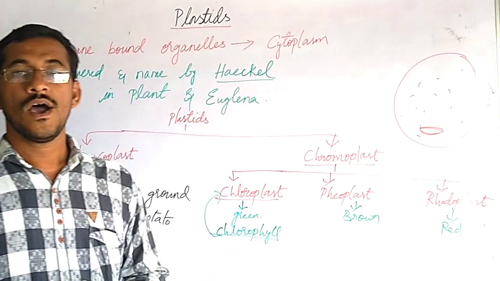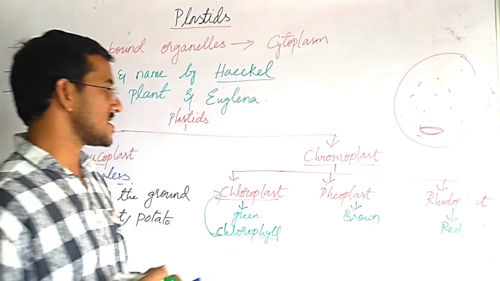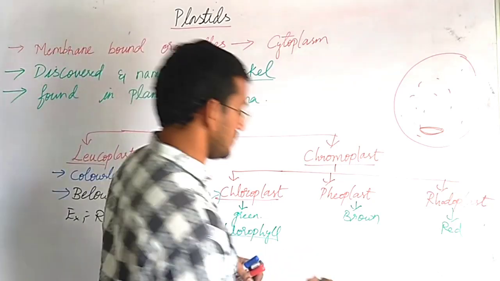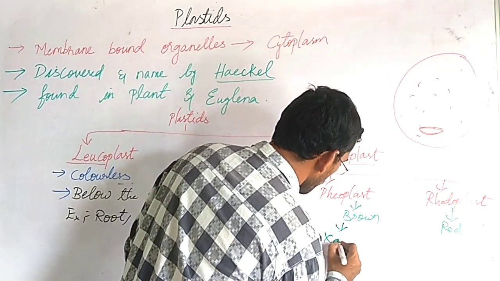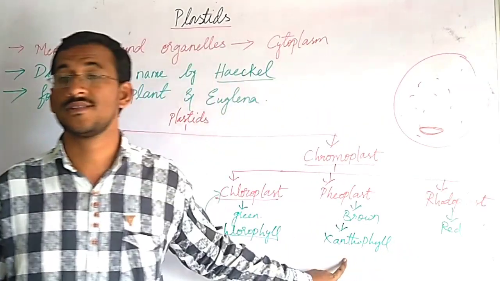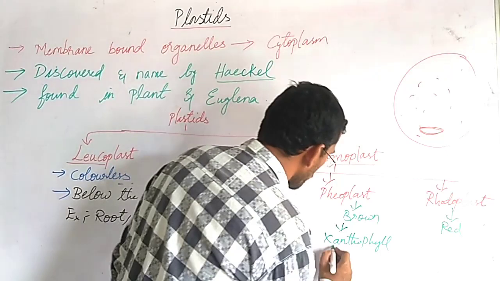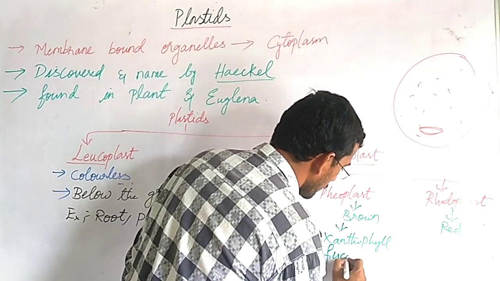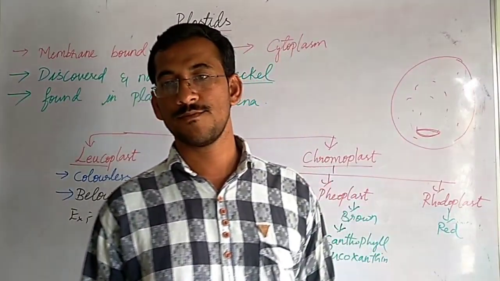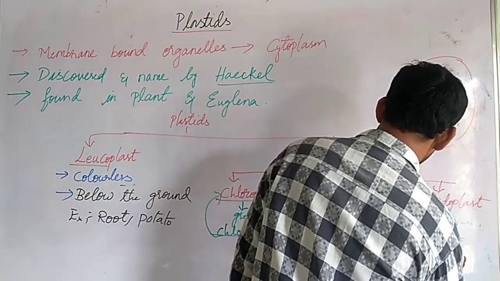And next, pheoplasts. Pheoplasts are brown in color. The reason is xanthophyll and fucoxanthin. Because of xanthophyll, this is one substance, and the next one is fucoxanthin. Rhodoplasts are red in color because of phycoerythrin.